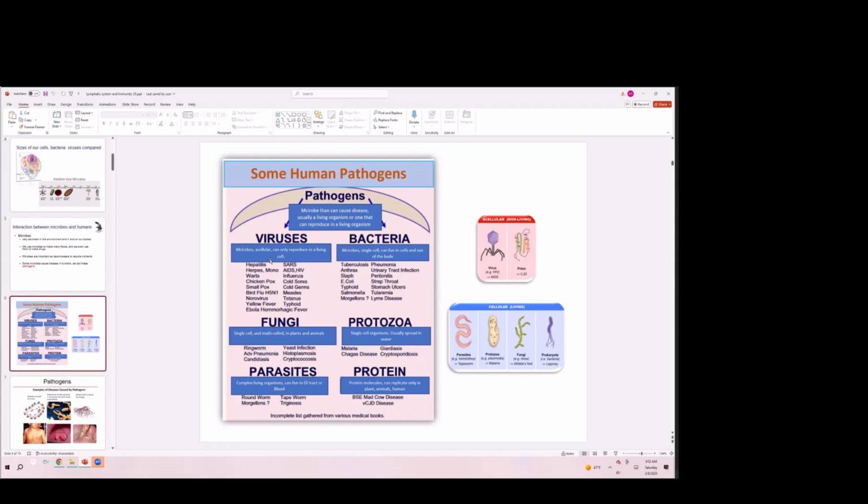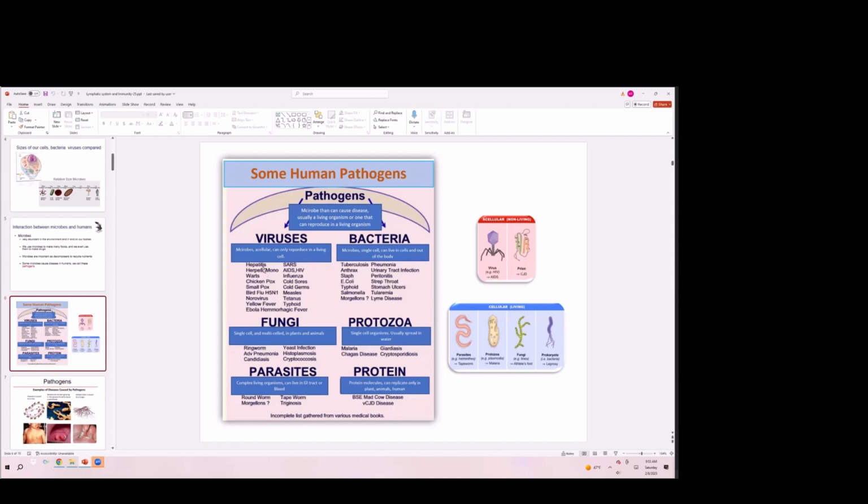For example, they replicate, but they need a cell. They themselves don't have the tools to replicate. When they get into a cell of a human being, or of a bacterium, or of a plant, they use the cell's machinery to reproduce. So viruses are considered acellular, as they can only reproduce in a living cell.